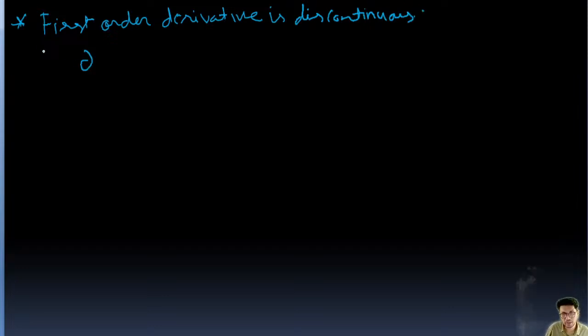So the first order derivative means d psi upon dx, sorry, my apologies.